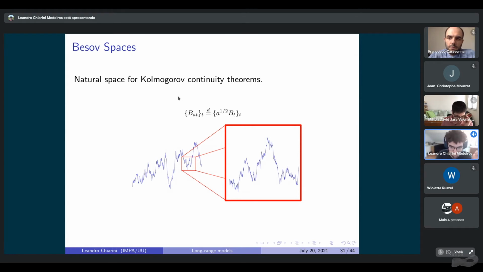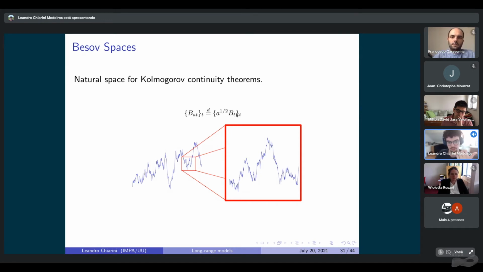Yeah. So basically, if you have this scale invariance kind of principle, this exponent one half is no coincidence with the fact that each path of the Brownian motion is almost surely Hölder up to order one half minus, right? You actually use this in the proof of the continuity.